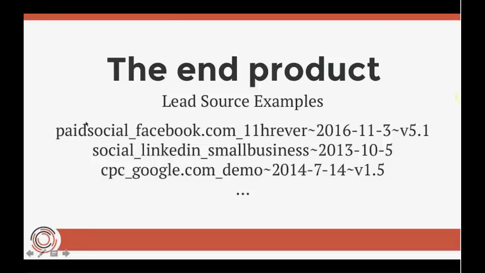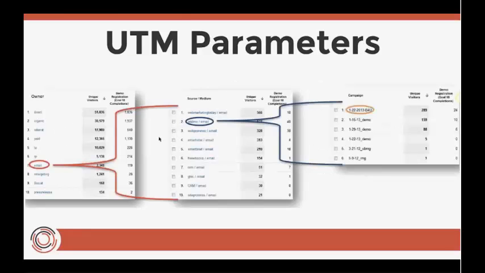So we wanted to be able to look at all the paid social traffic and all the different sources associated with that. We wanted to look at all the Facebook traffic and look at all the campaigns, and in order to do that, we had to use the underscores to break those up so we could then write MySQL code to report on those. So that's why we did that.